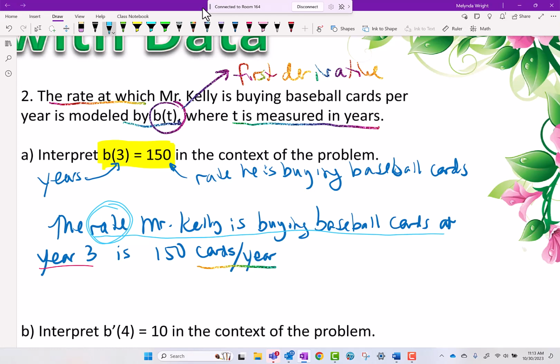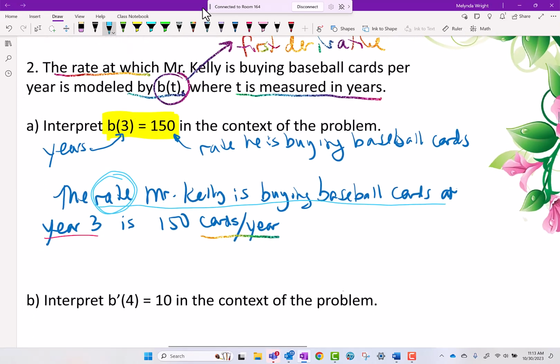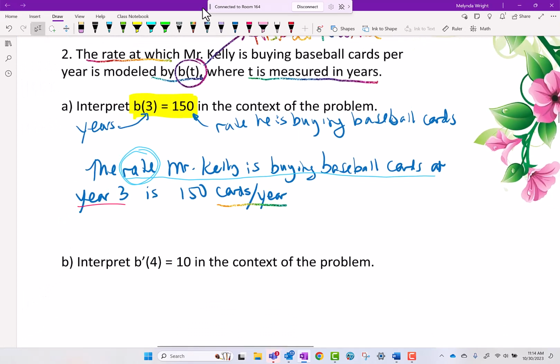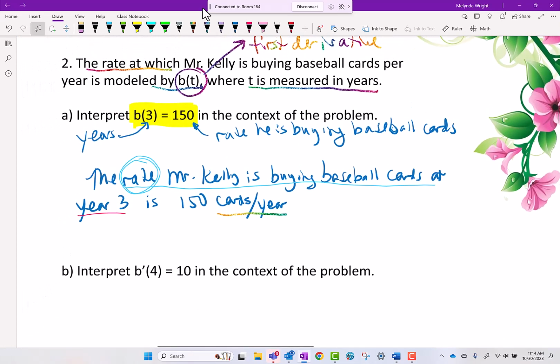Okay, so then that makes the second part really kind of weird, doesn't it? We've got a derivative right here. This is B prime. Well, we already had a rate. B was already a rate. So if we're going to put it in terms of equations that we're probably familiar with, this would be related to the second derivative.